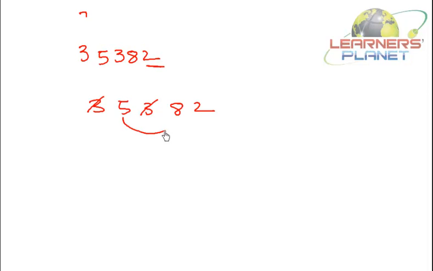Now 5 plus 8 is 13, and plus 2 is 15. So 15 is also divisible by 3. So the complete number 35382 is an even number as well as divisible by 3, so it will be divisible by 6.